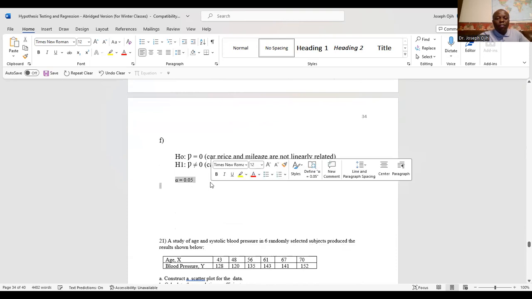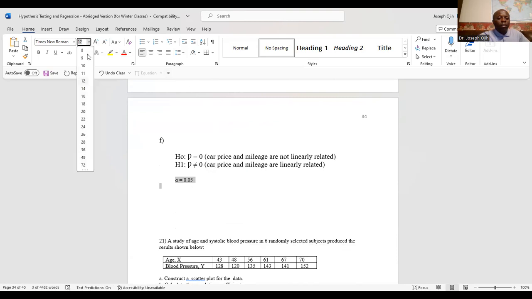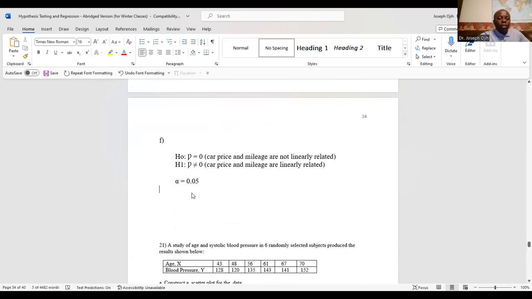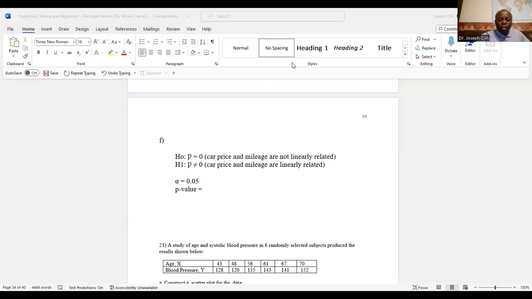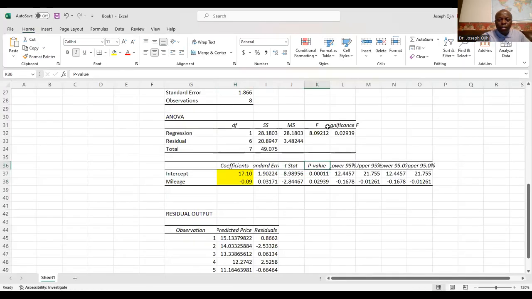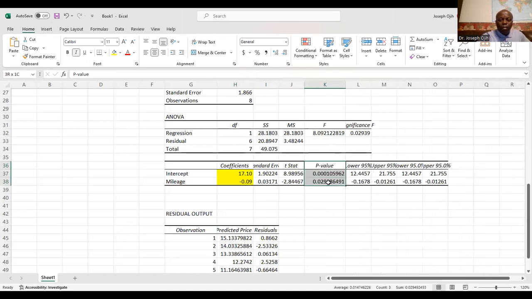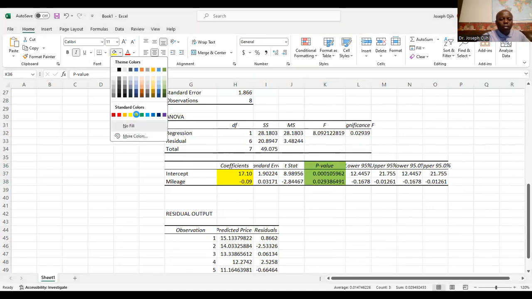They say to use alpha 0.05, so this is our alpha. Let's find our p-value. If you go to our Excel output, you can see that we have a p-value right here, in the section for the p-value.